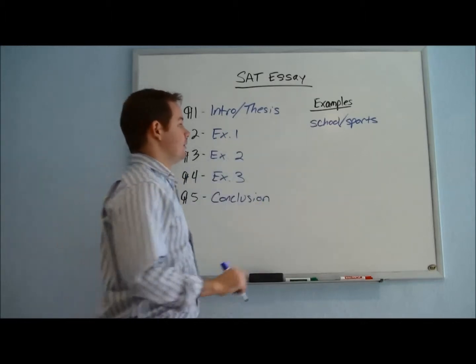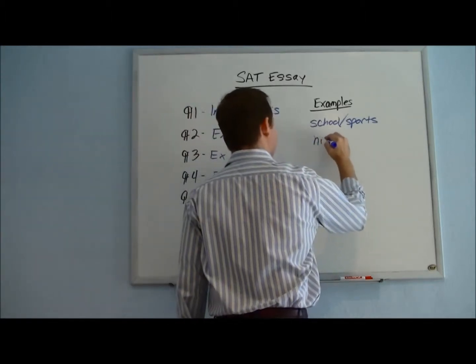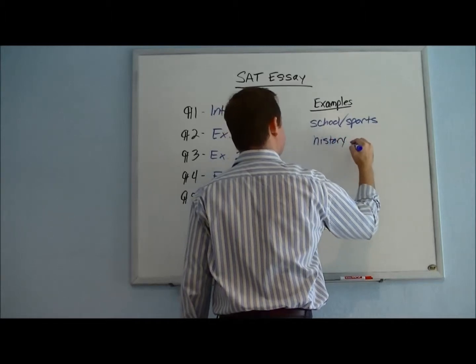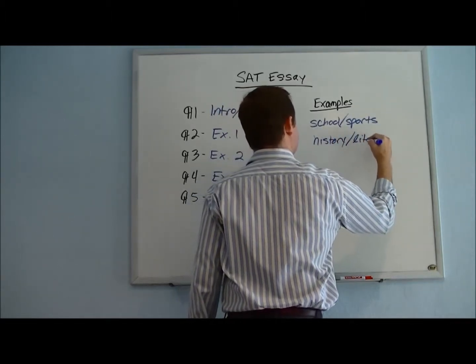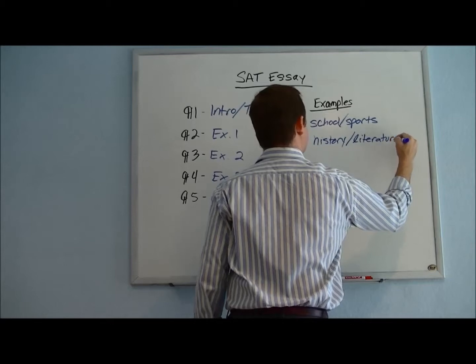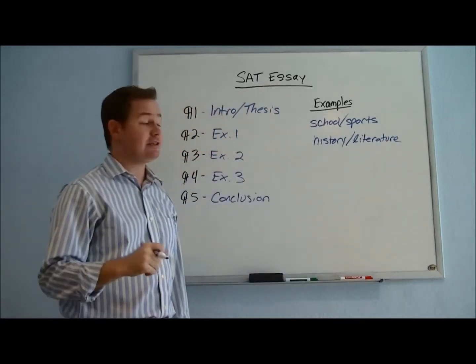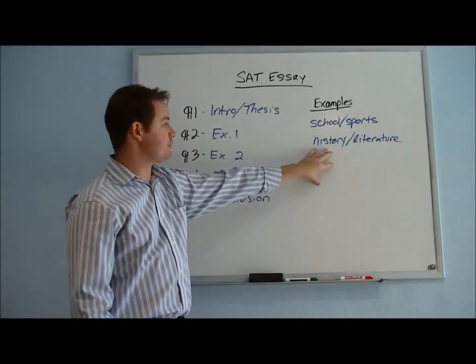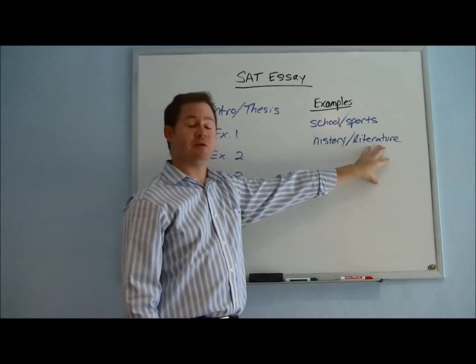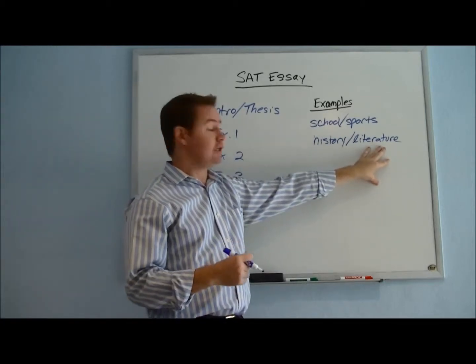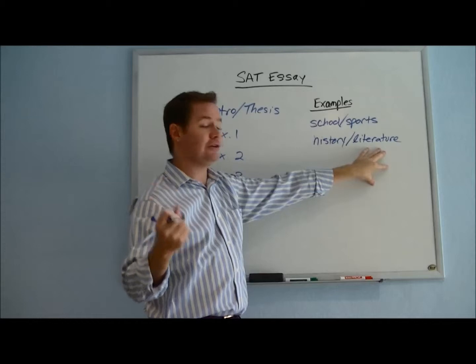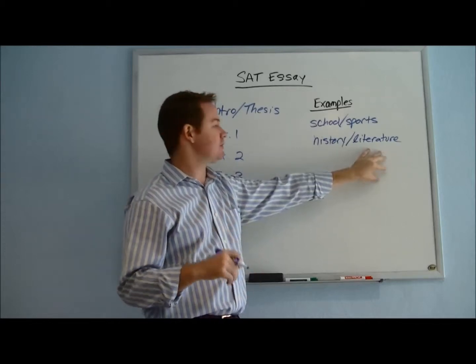The next topic for examples that I recommend choosing from is something from history or literature. It could be a particular event like World War II or the Civil Rights Movement, or it could be maybe a particular character from literature that you identified with, Holden Caulfield, if Catcher in the Rye is your favorite book or something like that.